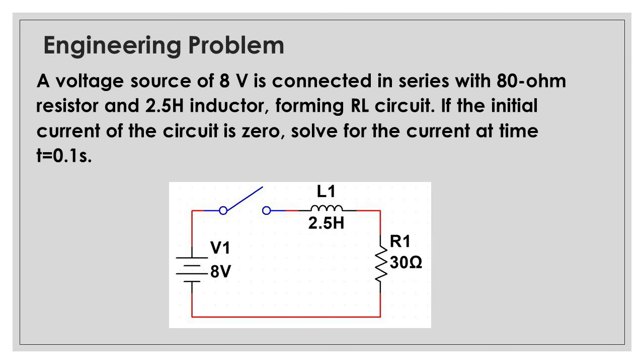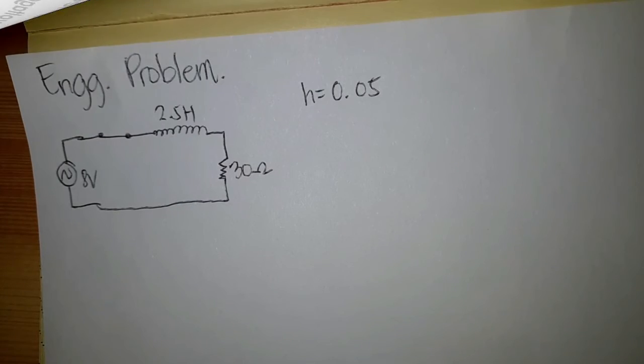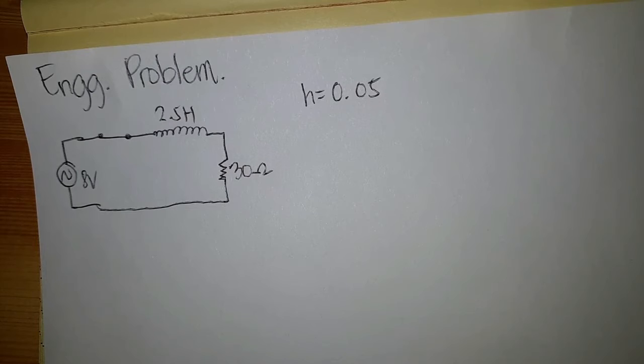If the initial current of the circuit is 0, solve for the current at time t is equal to 0.1 second. So I have redrawn the given circuit on the problem. So in this one we have an RL circuit. So in this problem we are going to use the step size of h is equal to 0.05.